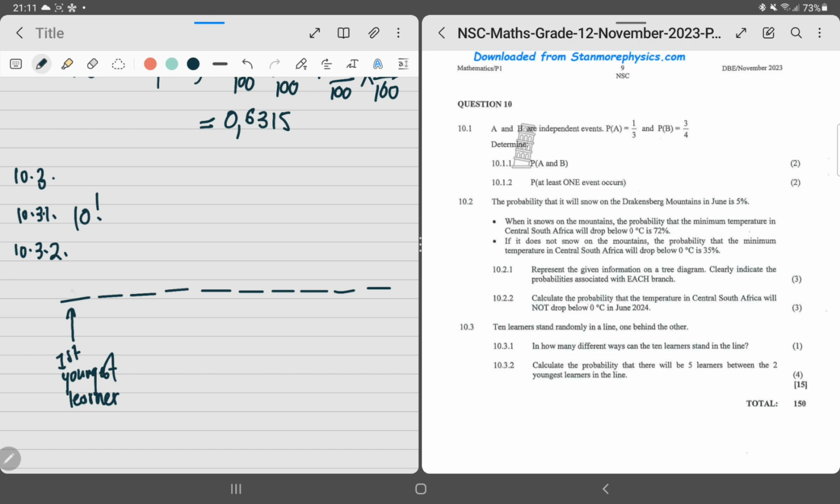Okay, so right now I have two choices to pick from because there's two of them. And then I know that after this one, there must be 5 learners in between the two of them. So the other one should come here, so that there'll be 1, 2, 3, 4, 5. So this is the second youngest.